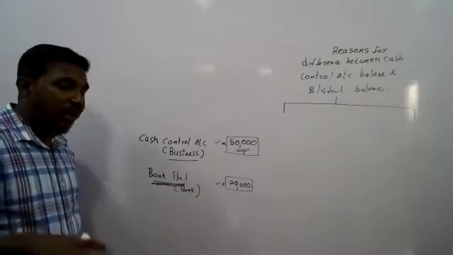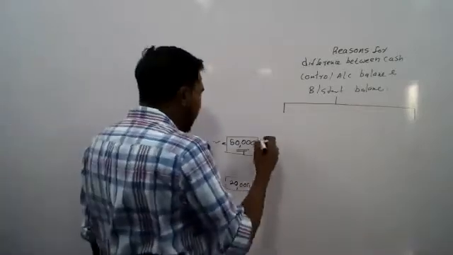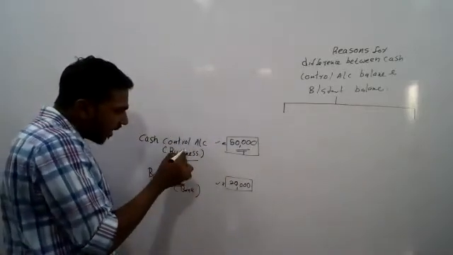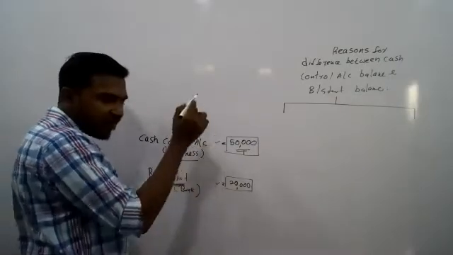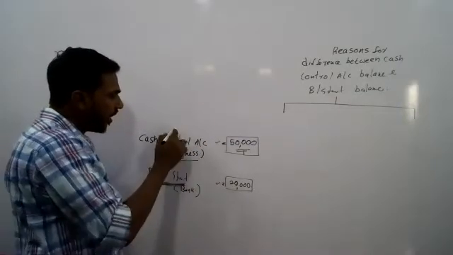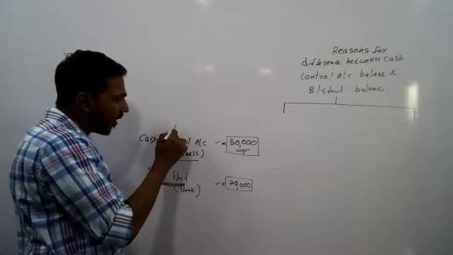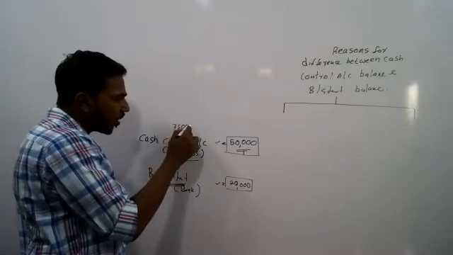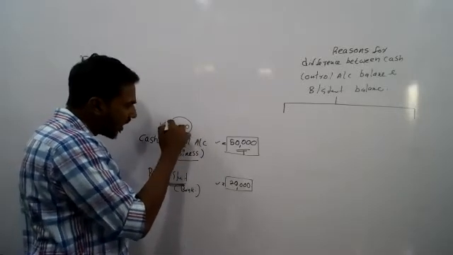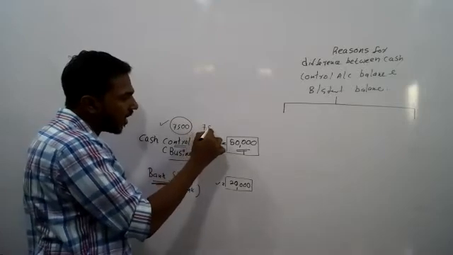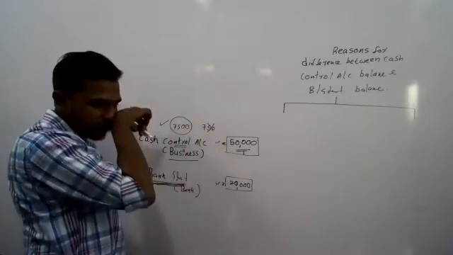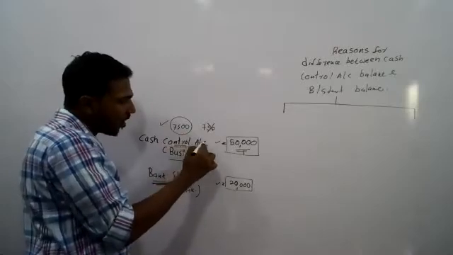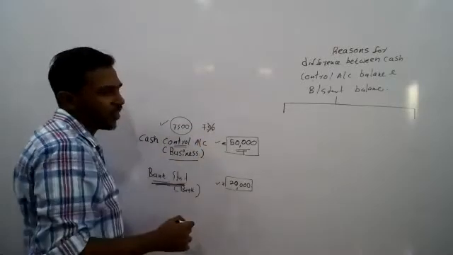One is, this difference comes in our cash control account if we have made any mistake. That means instead of 75,000 in the cash control account, which is the correct balance, we might have recorded something like 750. So in the cash control account, they have made some errors.